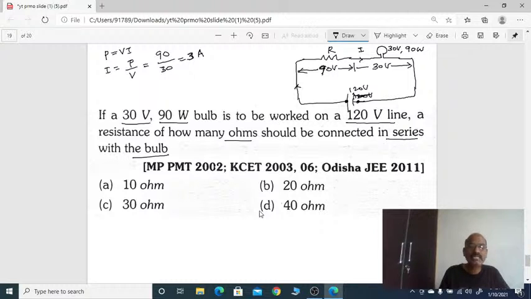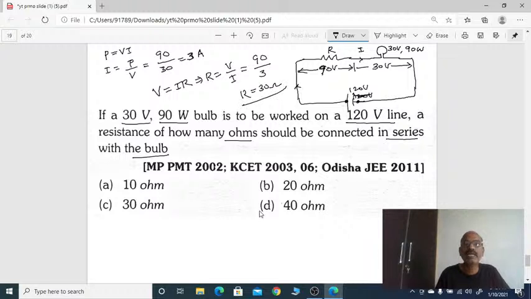From Ohm's law, V equals IR, so R equals V by I. The voltage across the resistance is 90 volt, divided by 3 ampere, so you will get 30 ohm resistance. Yes, Bikram, it is absolutely correct.